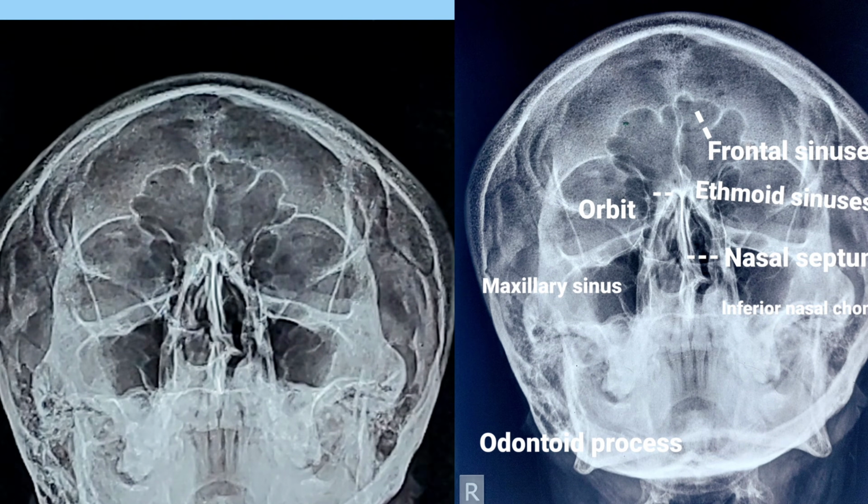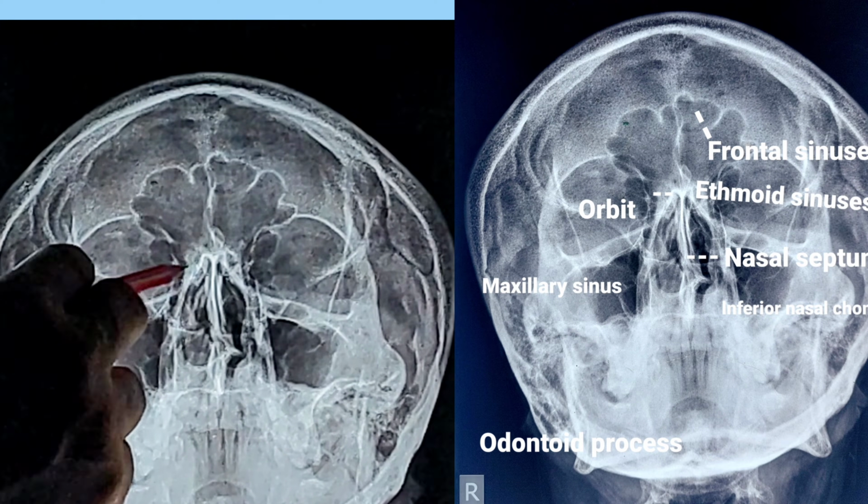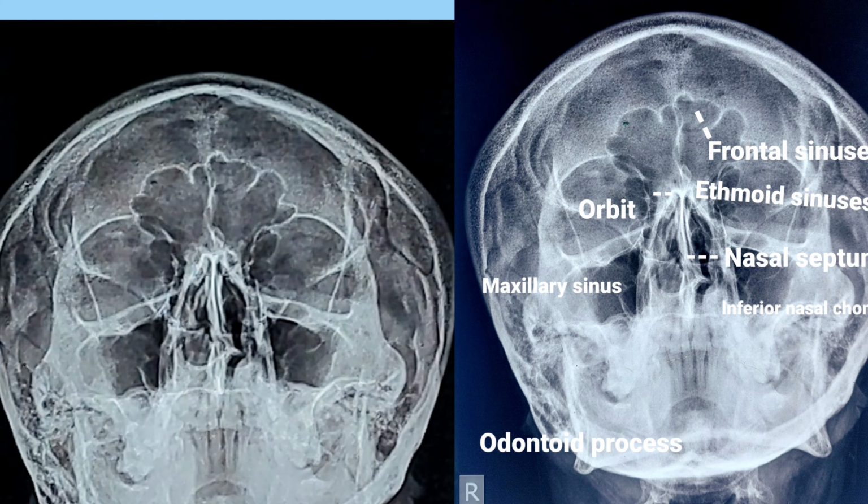These ethmoidal air sinuses are present within the labyrinth of the ethmoid, and these sinuses are completed by the surrounding bones like frontal, maxilla, lacrimal and sphenoid bones. The number of ethmoidal air sinuses on each side is about 3 to 18, and they are divided into 3 groups: anterior, middle and posterior.